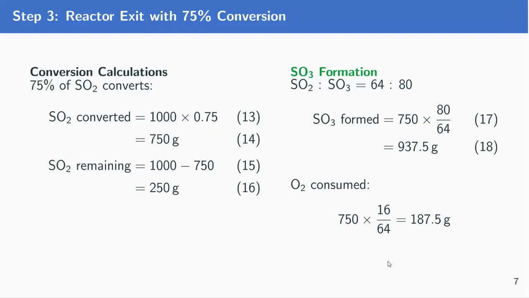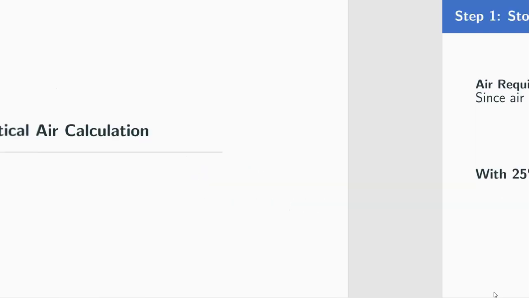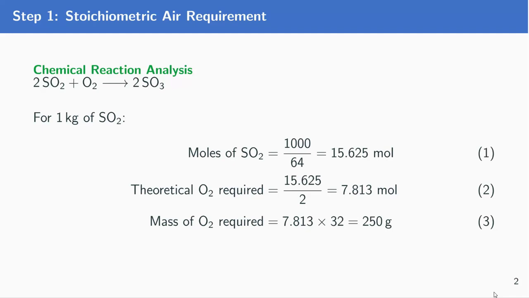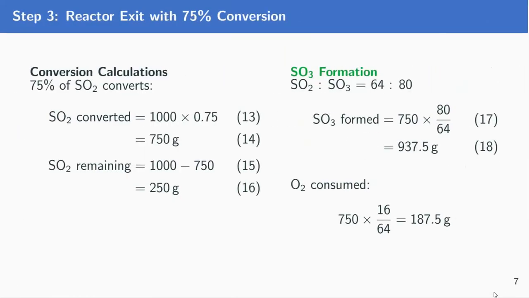Now SO3 formation. The ratio of SO2 and SO3 is 64 by 80, the molecular weight ratio. If you see the reaction stoichiometry, 2 SO2 will produce 2 SO3. SO2 is 64 and SO3 is 80.